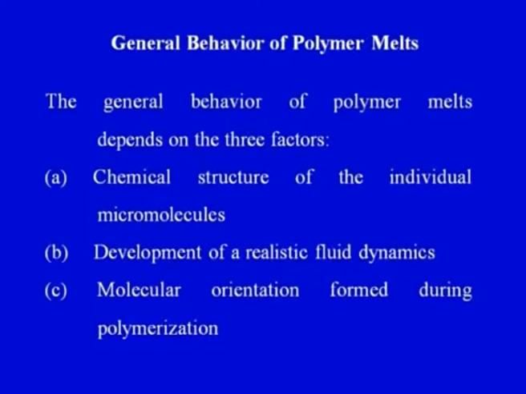The last point on your screen is the molecular orientation formed during polymerization. That is also very important, because this would dictate the final properties of the product or the plastic which has been formed by any of the processes.